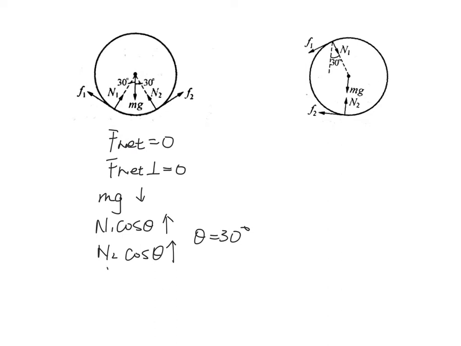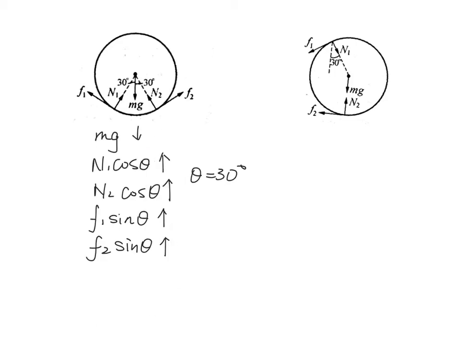And 2 friction forces, which is F1 times sine theta, which is also upward, and F2 sine theta, which is upward also. And because of symmetry, N1 equals N2, and F1 equals F2.